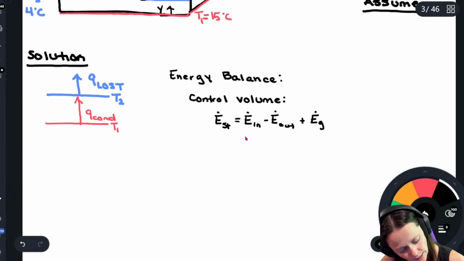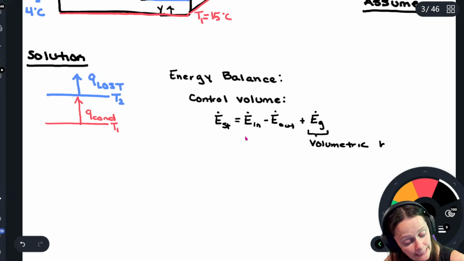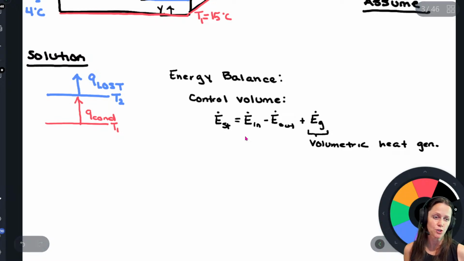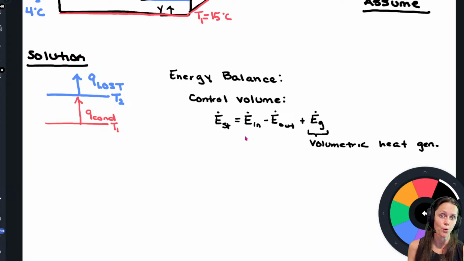So this guy is due to volumetric heat generation. And that would be due to maybe an exothermic or an endothermic chemical reaction occurring within your medium, maybe a nuclear reaction occurring within your medium, or maybe just an electric current being passed through your medium.